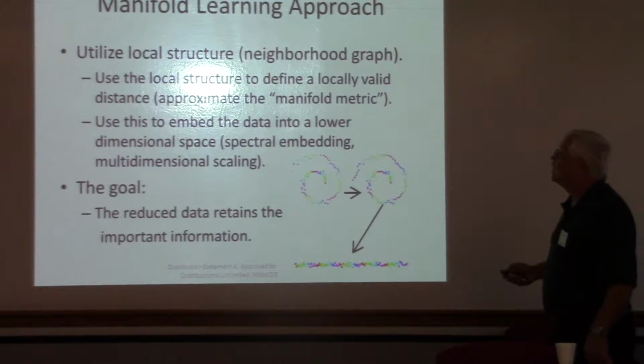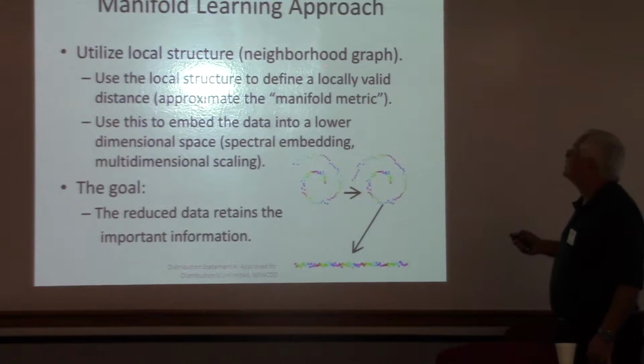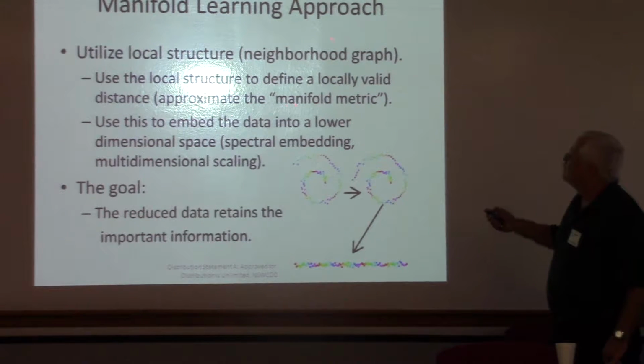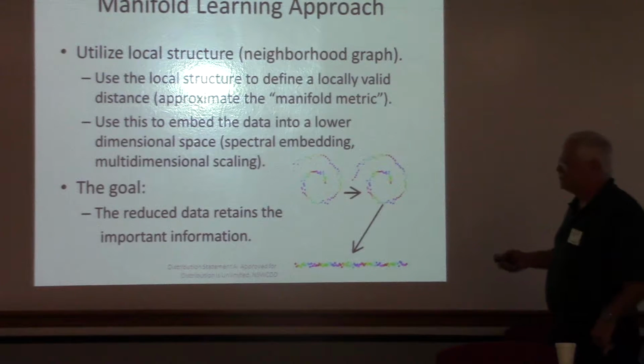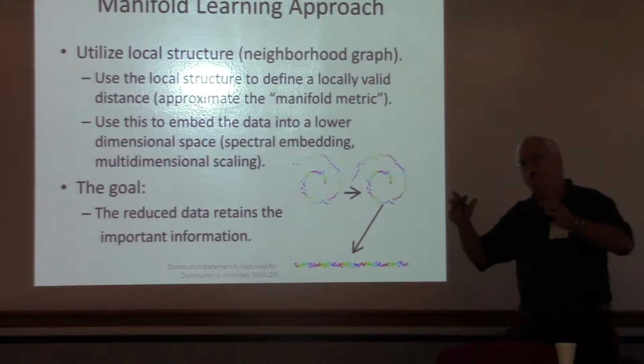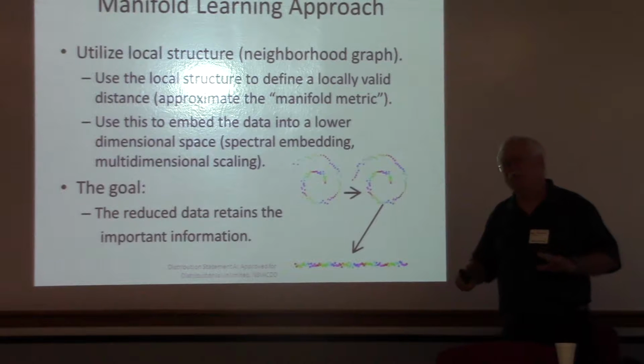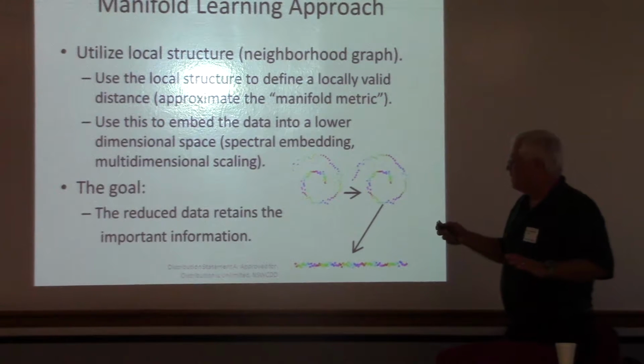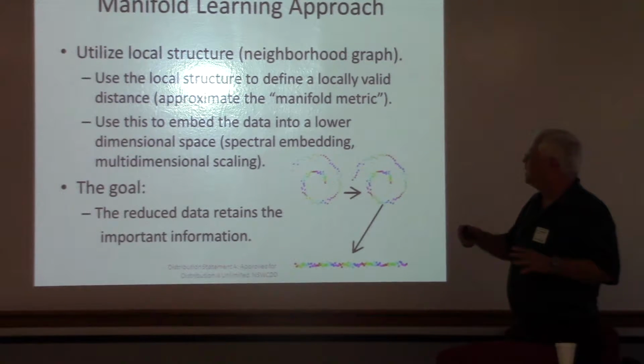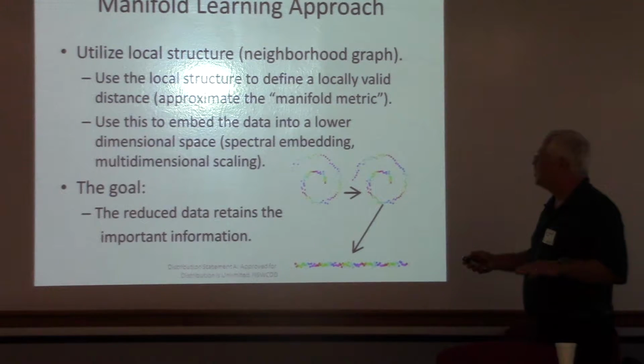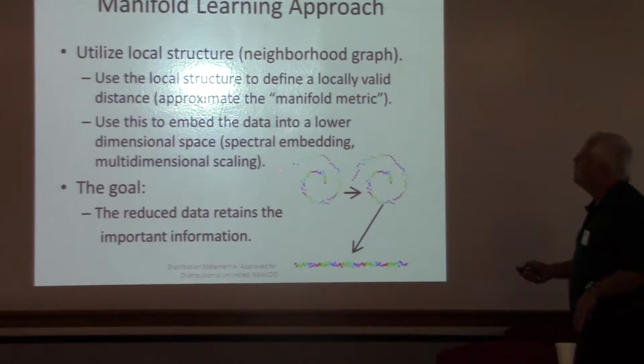So here's the idea. You have data that sits up in some weird space up here, and you're going to use local structure. You're going to build a graph that is connected locally in this big space. And the idea is that the data sort of sits on this lower dimensional manifold. So manifold is a math term, and technically the thing that it sits on need not actually be a manifold, but that doesn't matter.